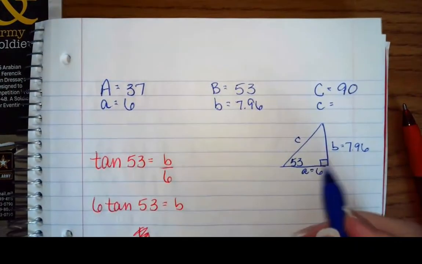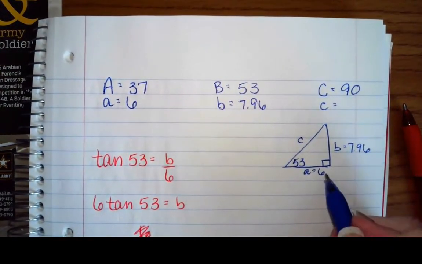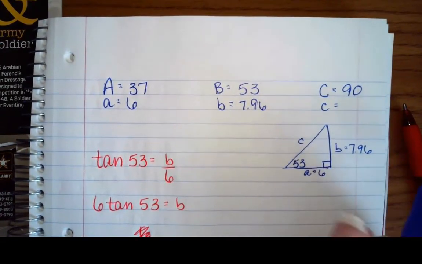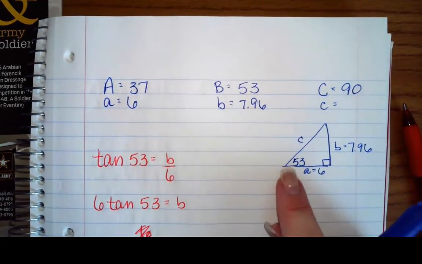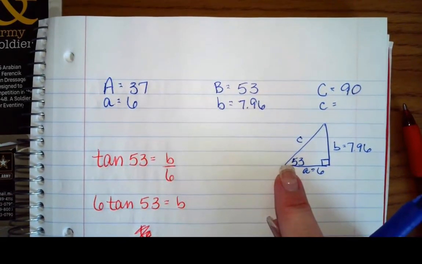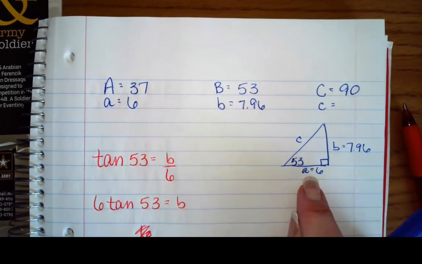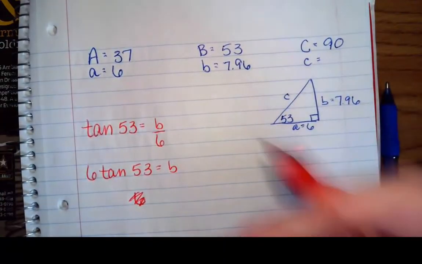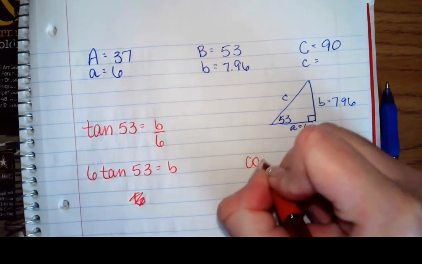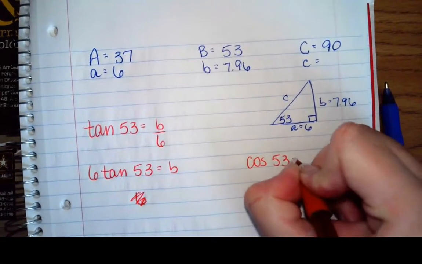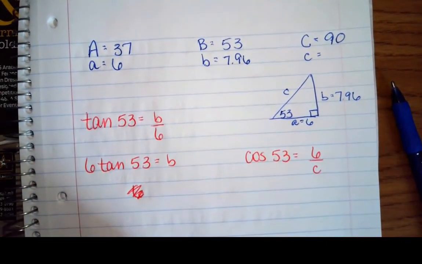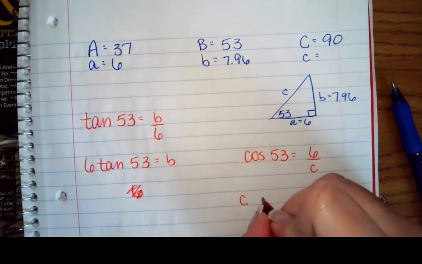And now again, this is a right triangle. So I can either use Pythagorean Theorem to find out what c is, or let's just practice some trig functions. So now I'm going to say that I've got adjacent over hypotenuse. So notice I'm using the unrounded value. Okay, so I'm going to find the cosine of 53 is adjacent over hypotenuse. So I'm going to multiply both sides by c.